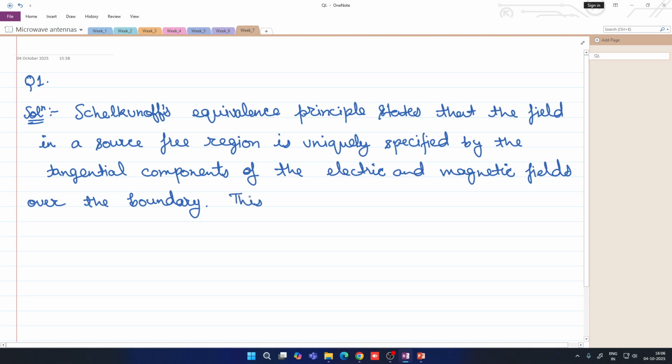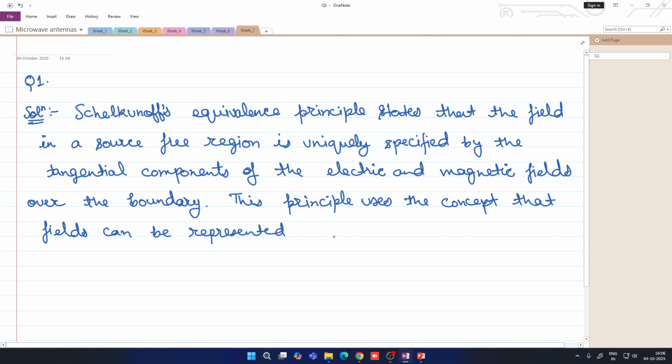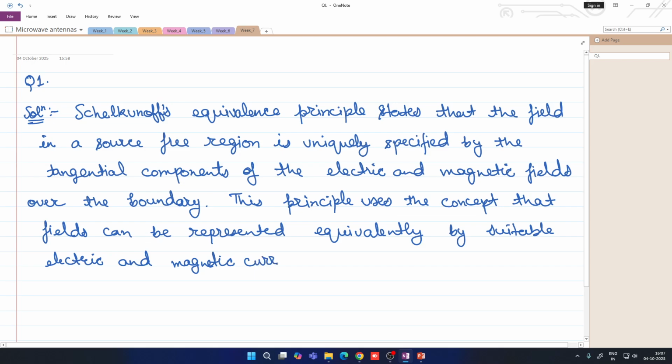This principle uses the concept that fields can be represented equivalently by suitable electric and magnetic current densities on an enclosing surface.